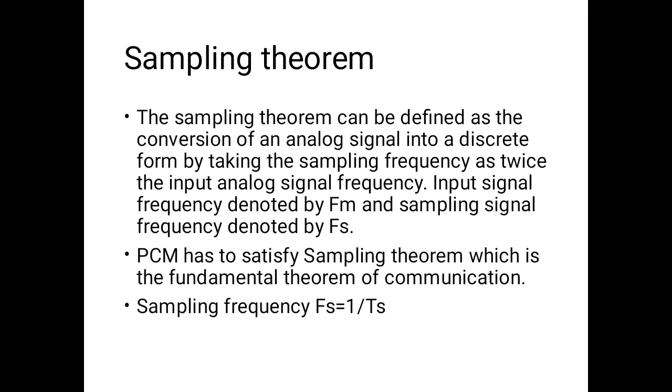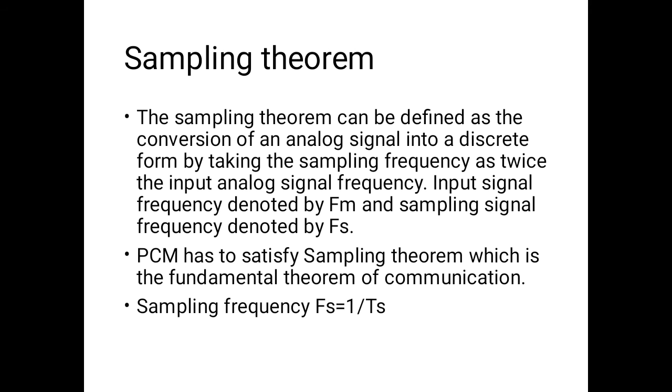I assure that. Okay, the sampling theorem can be defined as the conversion of an analog signal into discrete form. Discrete is nothing but digital. It is the conversion of an analog signal into discrete form by taking the sampling frequency as twice the input analog signal frequency. Input signal frequency is denoted by Fm, where M stands for modulated, and the sample signal frequency is denoted by Fs, where S means sampling.